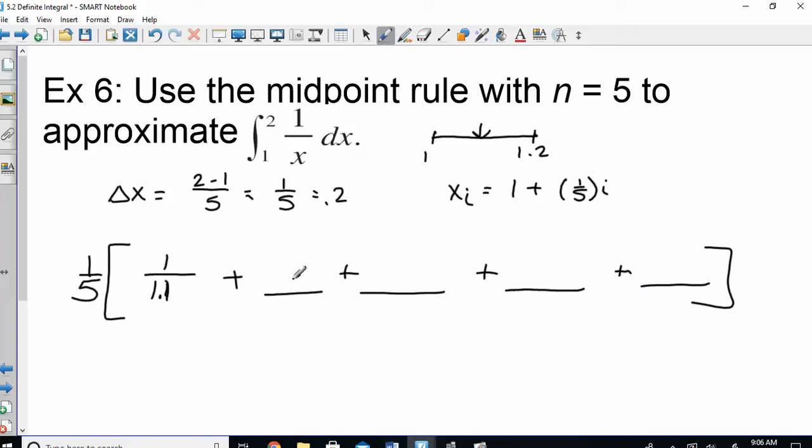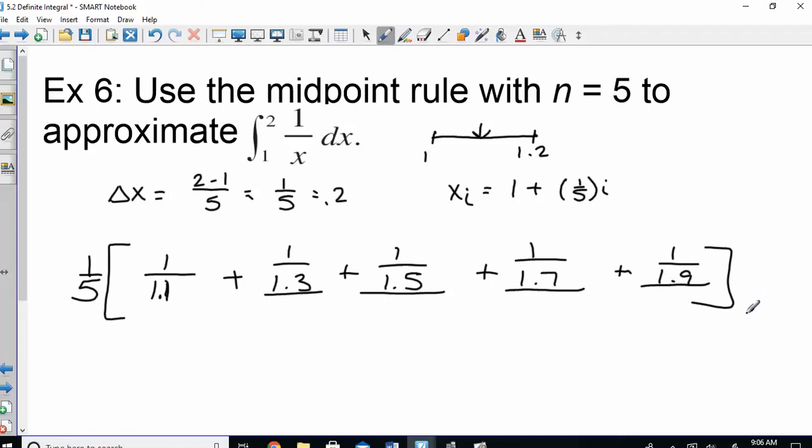So then if you add 0.2 to that, it would be 1 over 1.3. 1 over 1.5. 1 over 1.7. 1 over 1.9.